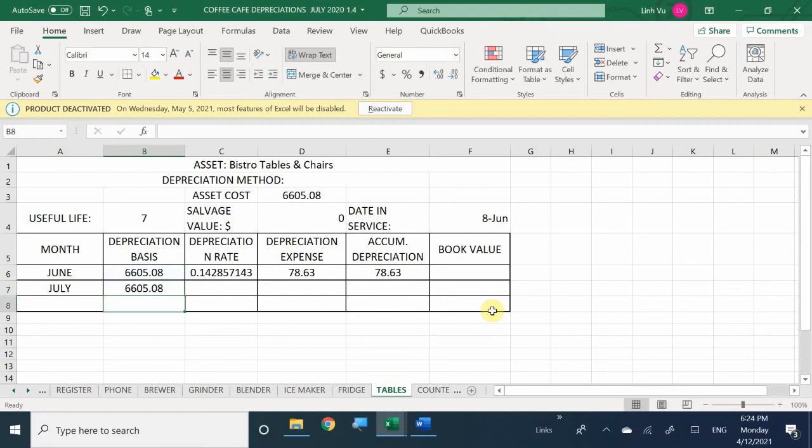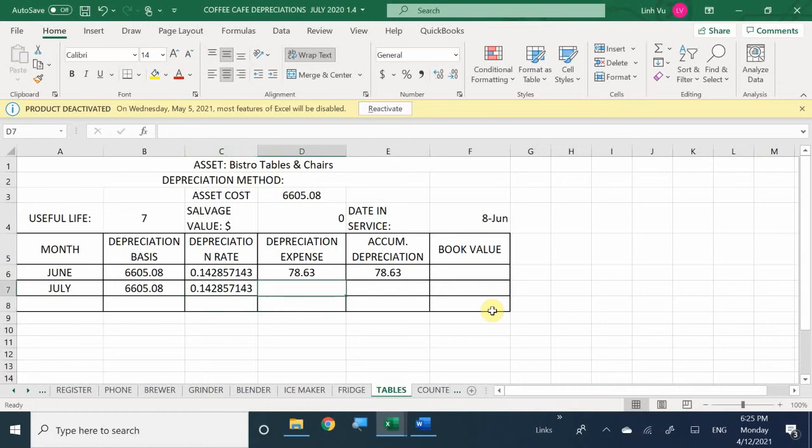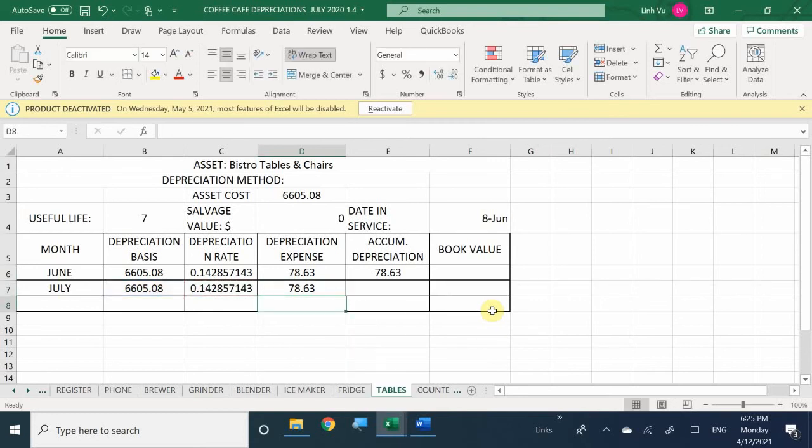Once again, my depreciation basis is going to be my asset cost minus my salvage value, which in this case is 6,605.08. Once again, it's going to be 1 over my useful life, which is 14.285%. Then we calculate my depreciation expense as rate times basis divided by 12, comma 2, which we already solved from our previous month.